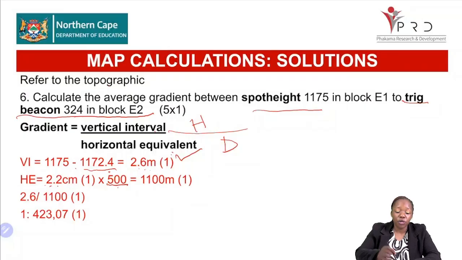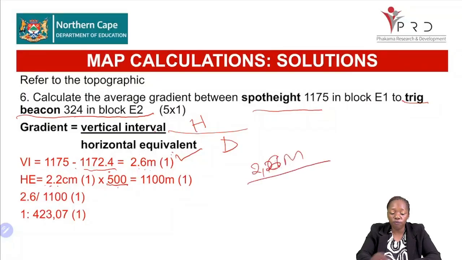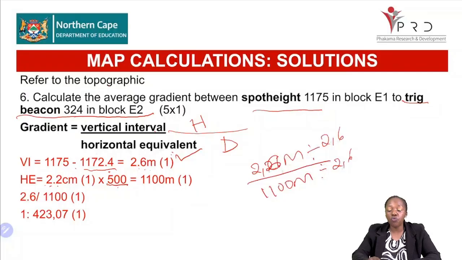Then after, you go back to the formula. As we are going back to the formula, the answer of vertical interval we have found is 2,6 meters over the answer of horizontal equivalent, which we have found to be 1,100 meters. Then what happens is you divide both sides by the vertical interval, which is your 2,6. You do this manually.